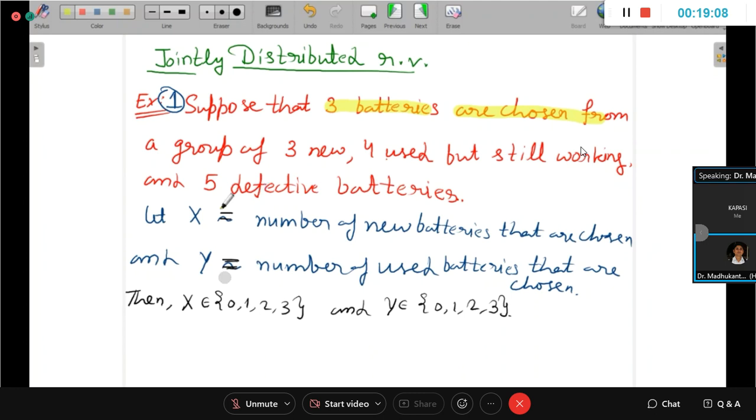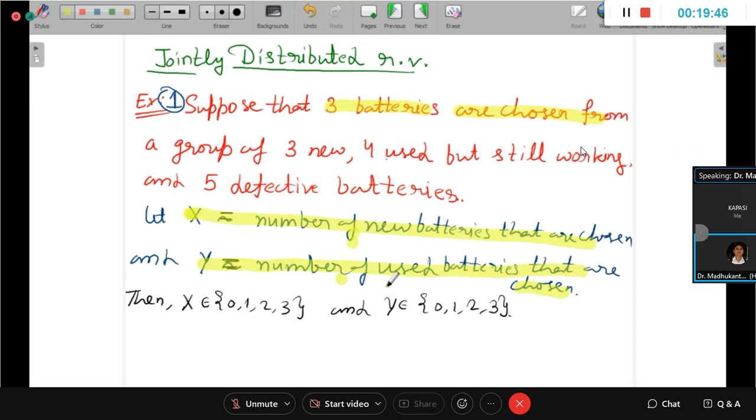Now let X denote the number of new batteries that are chosen, since three batteries are chosen out of this stock. And Y denotes the number of used batteries that are chosen.